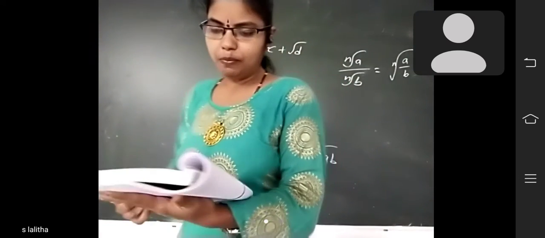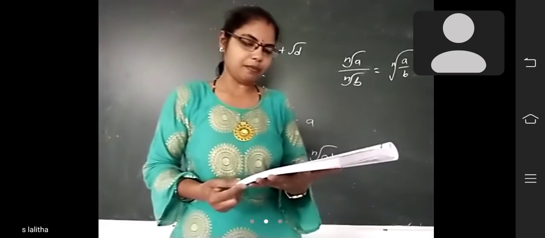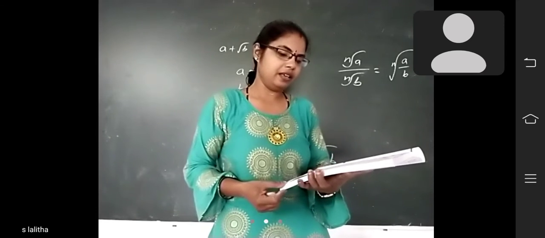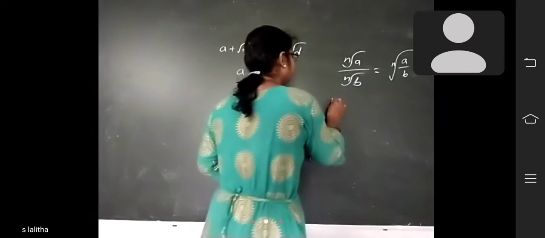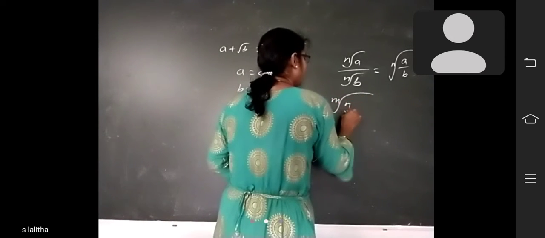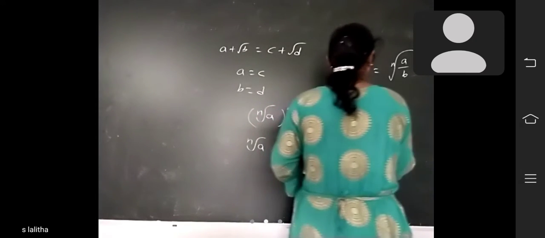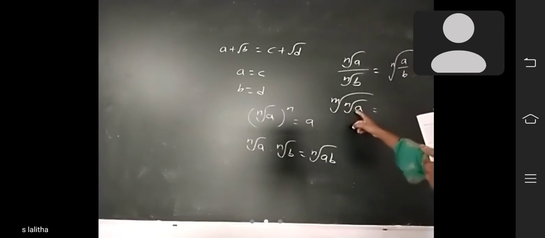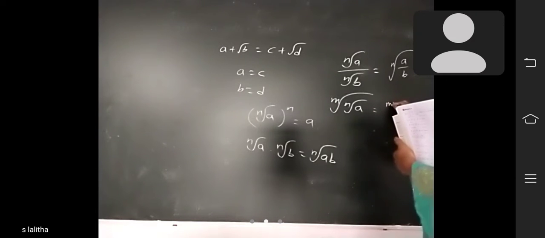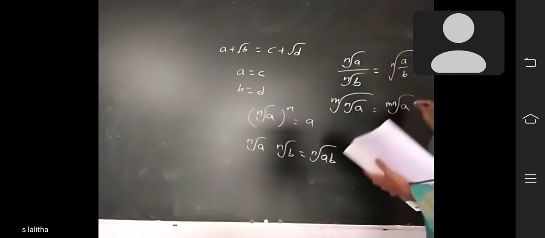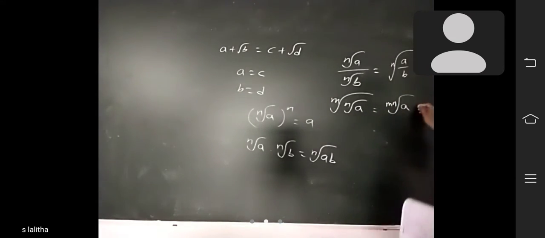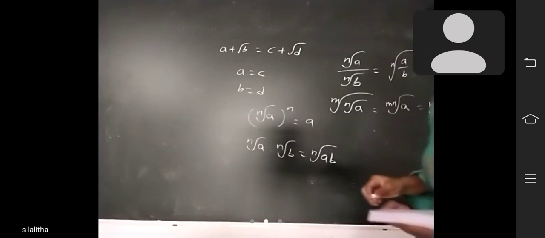Next, if m and n are positive integers and a is a positive rational number, then the nth root of a can be written as the mn root of a.